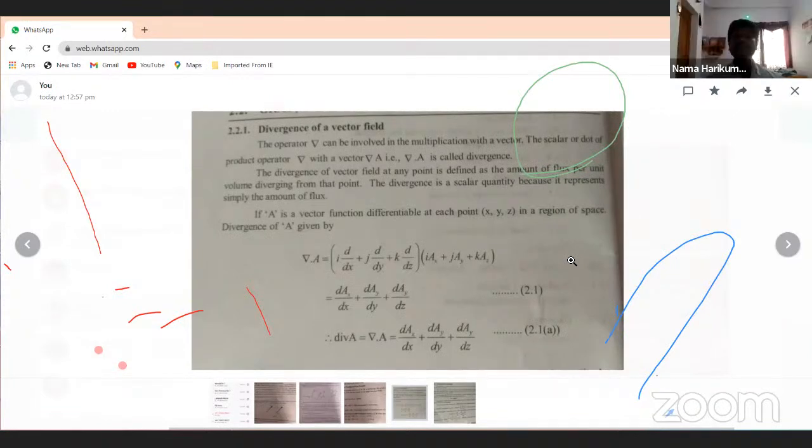Right. So for the divergence of a vector field in the 3-dimension system, we have to use the del operator.